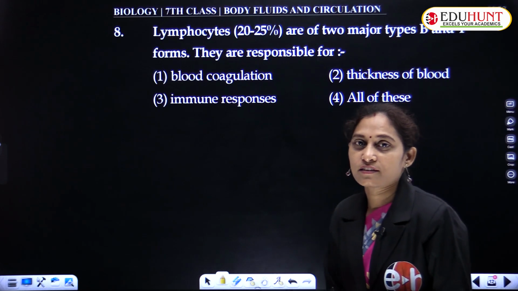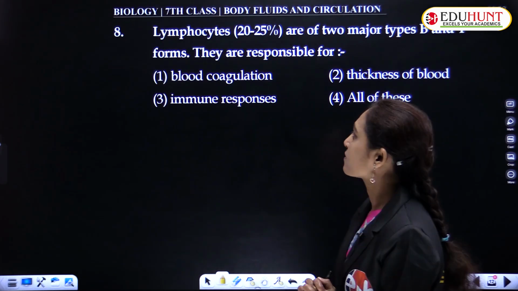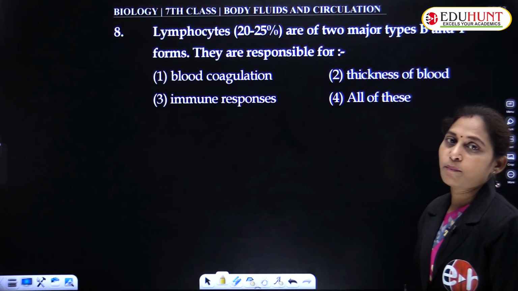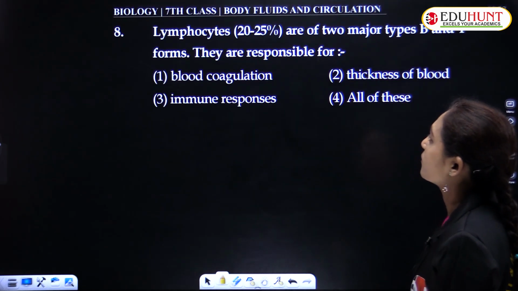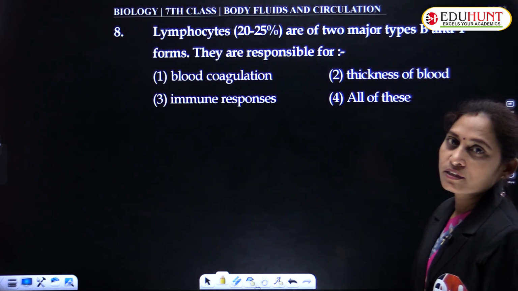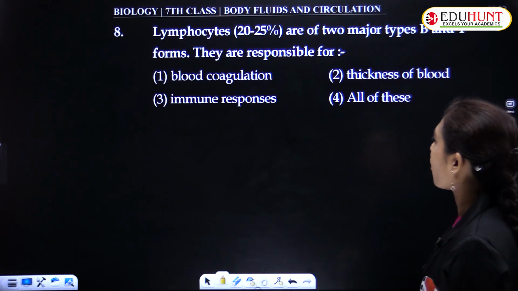Last question in the exercise. Lymphocytes, 20 to 25%, are two major types, B and T lymphocytes. They are responsible for blood coagulation, immune responses, thickness of blood, all of these.